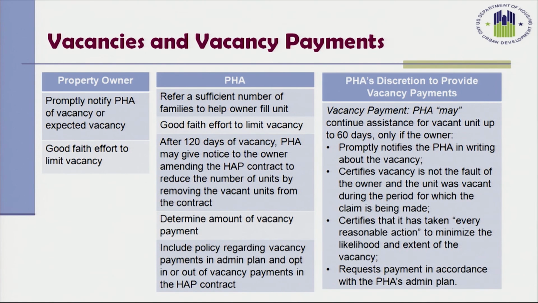The PHA is responsible for referring a sufficient number of families to help the owner fill the unit, a good faith effort to limit vacancy. After 120 days of vacancy, the PHA may give notice to the owner, amending the HAP contract to reduce the number of units by removing the vacant units from the contract.